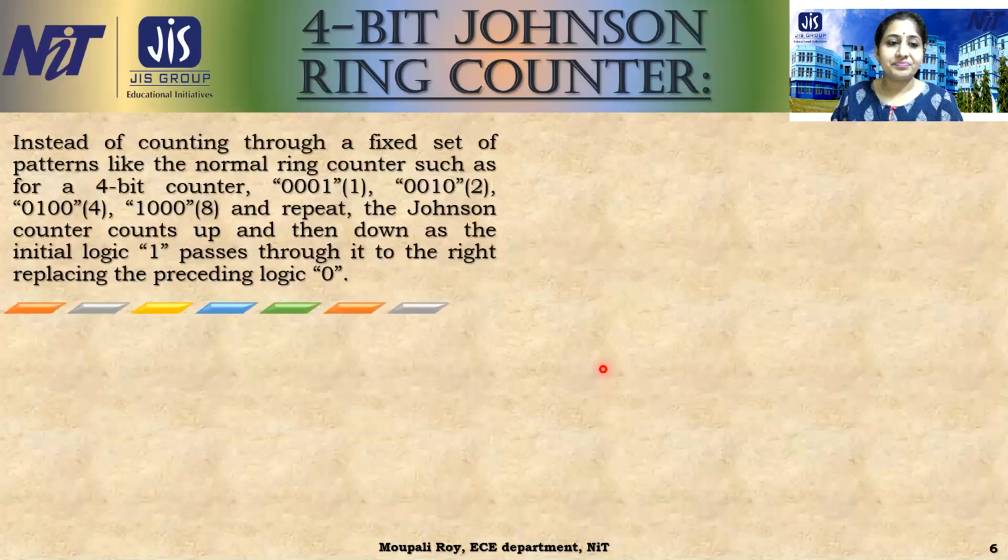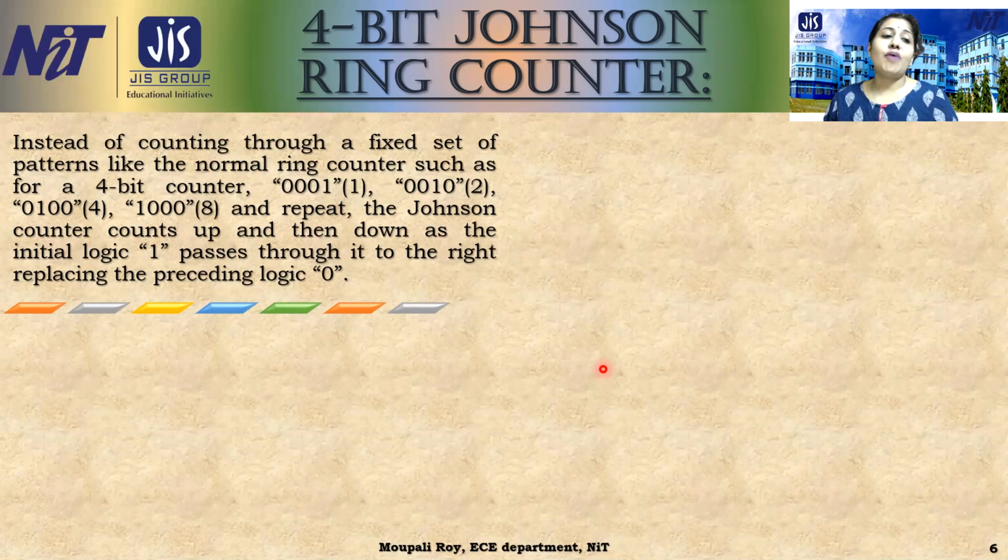So let's check. Instead of counting a fixed set of patterns like the normal ring counter, such as 4-count, which starts with 0001, then 0010, then 0100, then 1000, and repeats, the Johnson counter counts up and then down as the initial logic 1 passes through it, that is, we are replacing 1 with 0.